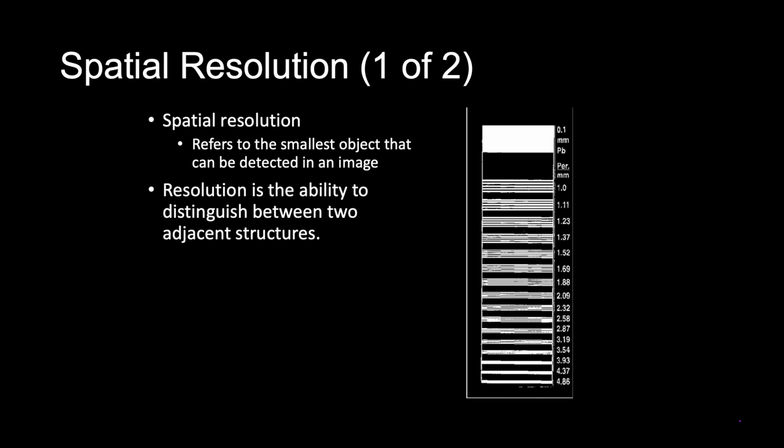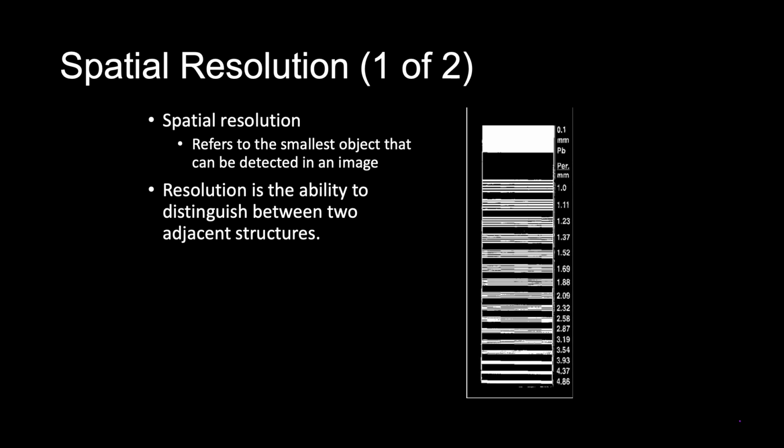Resolution is the ability of the imaging system to resolve or distinguish between two adjacent structures. Resolution can be expressed in the unit of line pairs per millimeter, so LP/mm. A resolution test pattern is a device used to record and measure line pairs. The greater the number of line pairs per millimeter resolved, the greater the resolution.